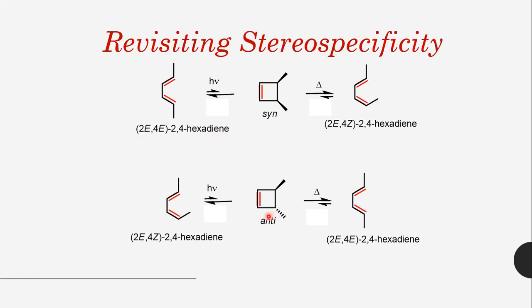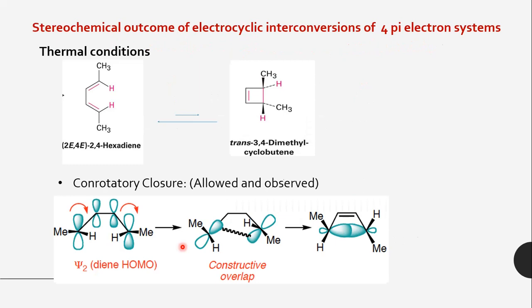If you were to start with the trans geometry, the 3,4-dimethyl cyclobutene, on heating it gives me 2E,4E-2,4-hexadiene, which was obtained by irradiation of the cis, and under photochemical conditions you get the diastereomer 2E,4Z-2,4-hexadiene. So let us try to analyze why we are getting these different stereochemical outcomes under different conditions.